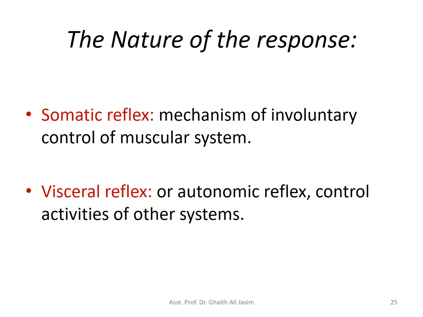The classification according to the nature of the response: we have the somatic reflex, a mechanism of involuntary control of the muscular system, and the visceral reflex or autonomic reflex, which controls activities of other systems.